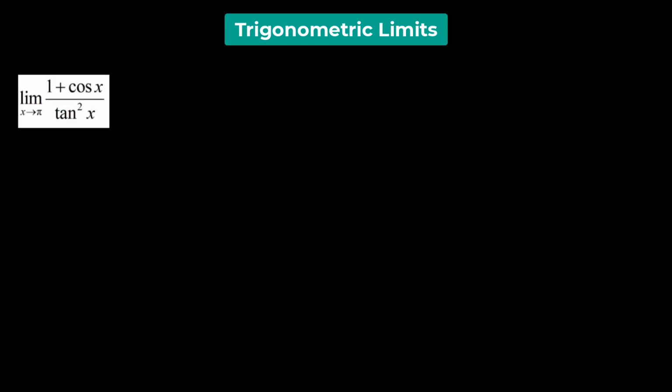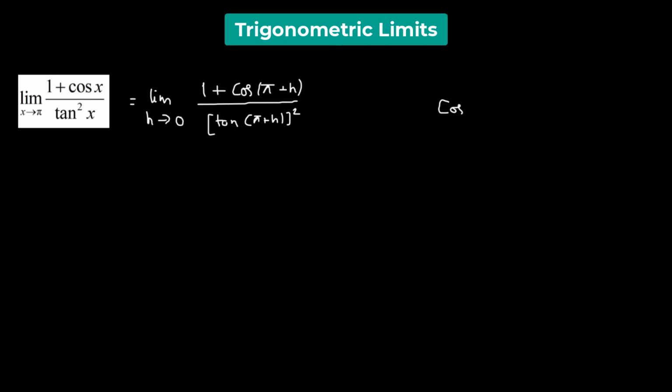So we begin by changing the limits. So we have limit h tending to 0, 1 plus cosine of pi plus h divided by tangent of pi plus h, whole squared.